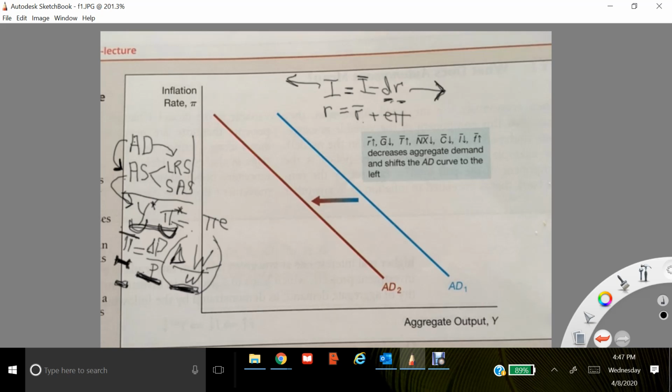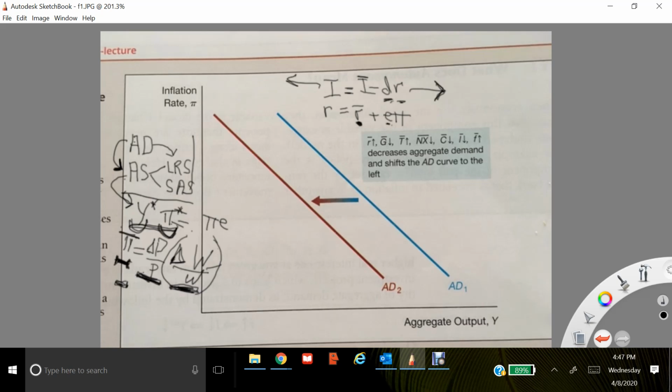It would have some constant real rate, which represents several autonomous factors, plus a function of the inflation rate.